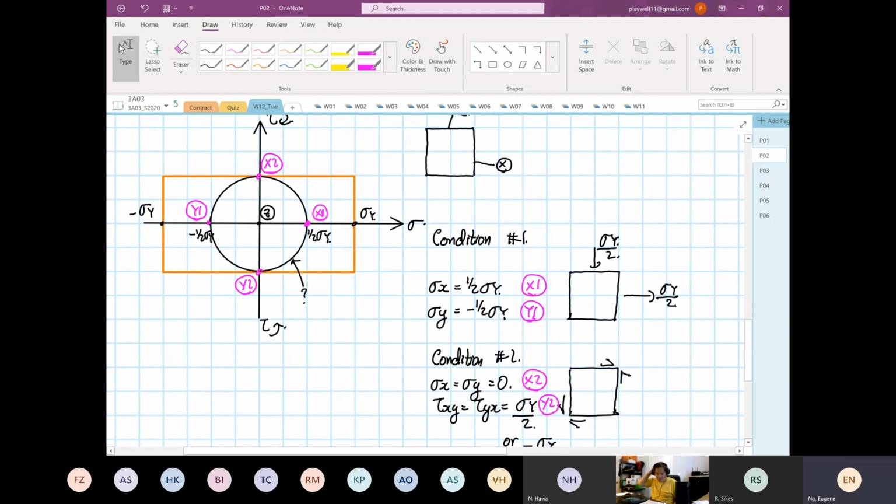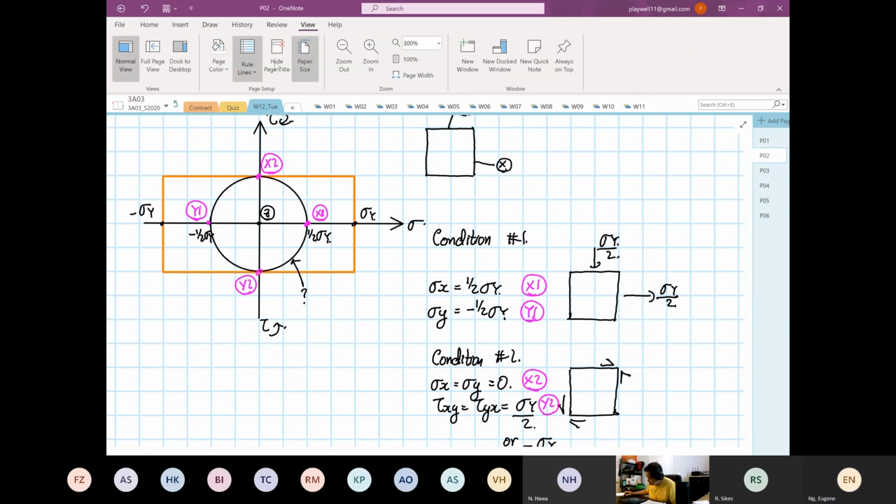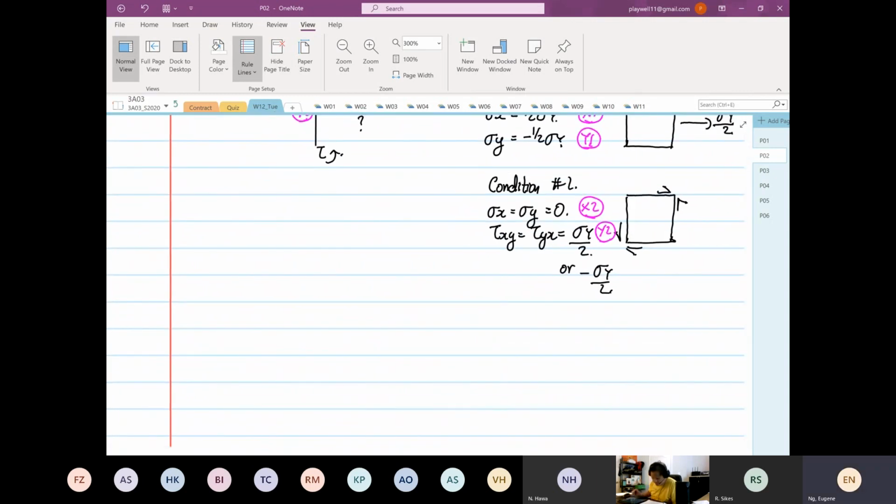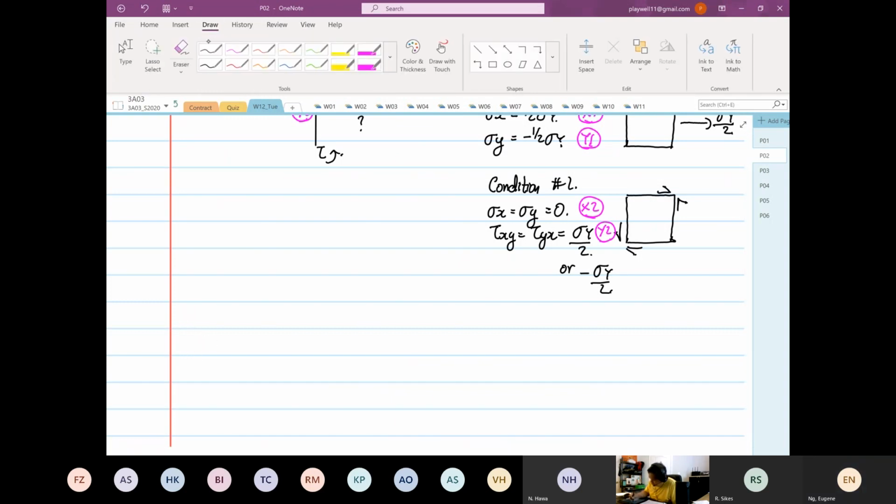So now the next one is how do we get 0.577 stress yield?